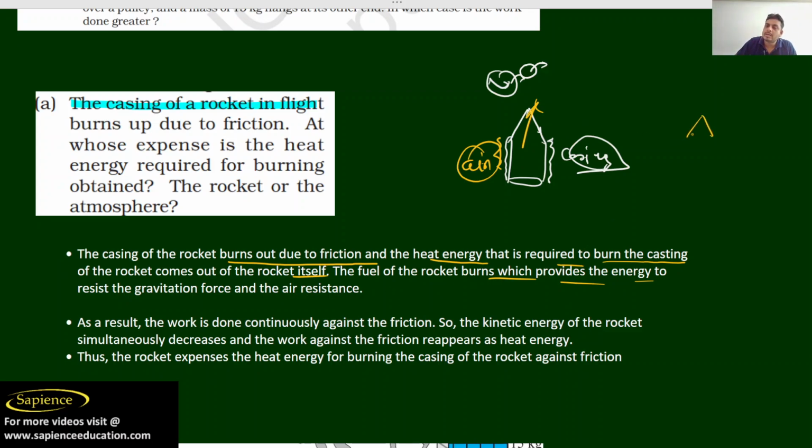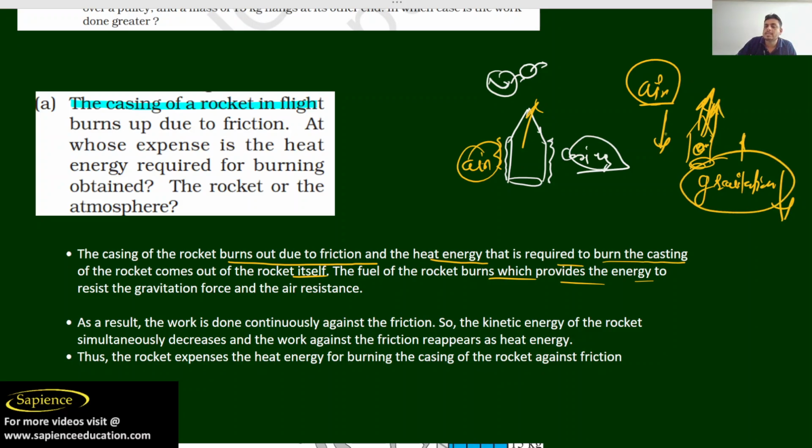When a rocket moves upward, it has to overcome the gravitational force in the downward direction, and it also has to overcome air friction. So the rocket provides sufficient energy to overcome gravitational pull and air resistance. Definitely the rocket, not the atmosphere, expends the heat energy for burning the casing against friction.